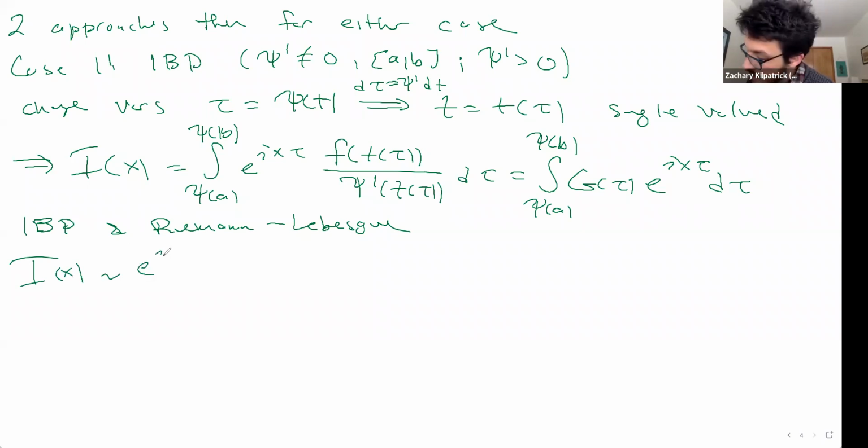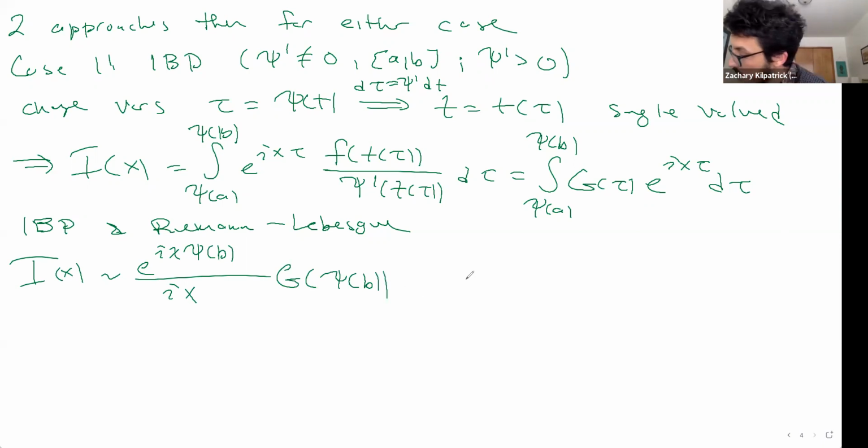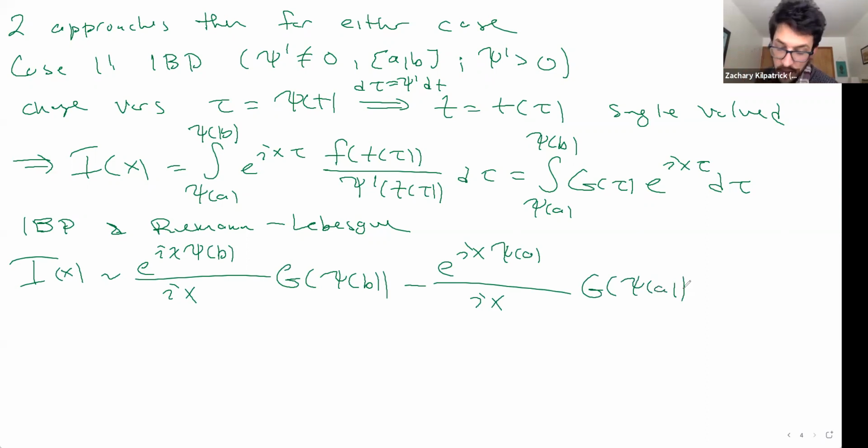I of x is going to be approximated by e to the ix psi of b divided by ix, g of psi of b, minus e to the ix psi of a divided by ix, g of psi of a. That's just going to be your boundary terms.